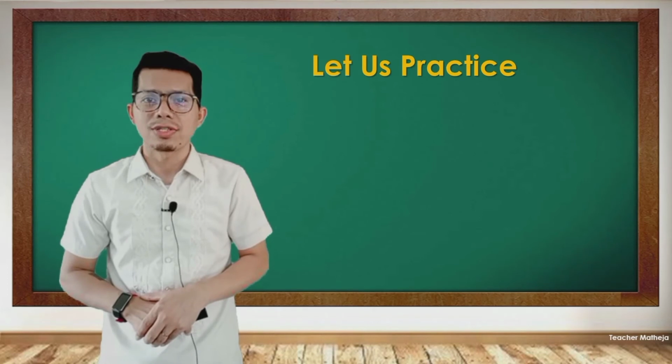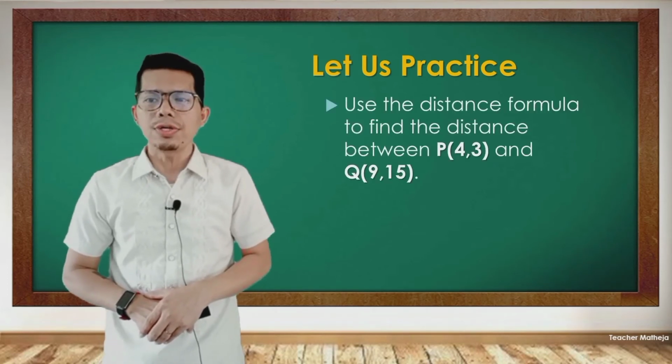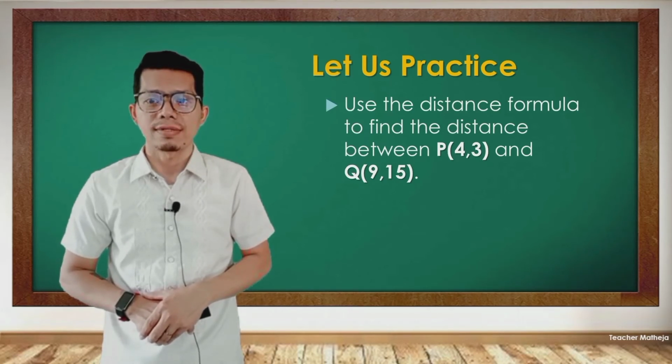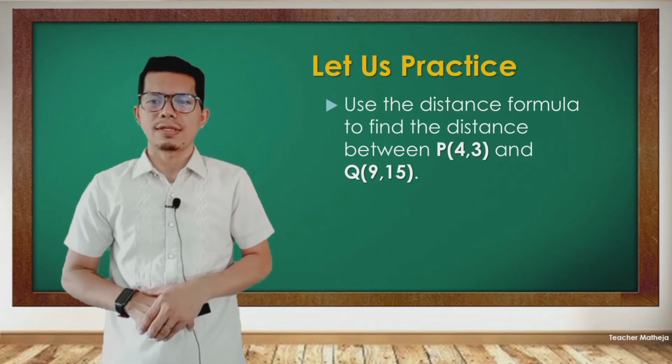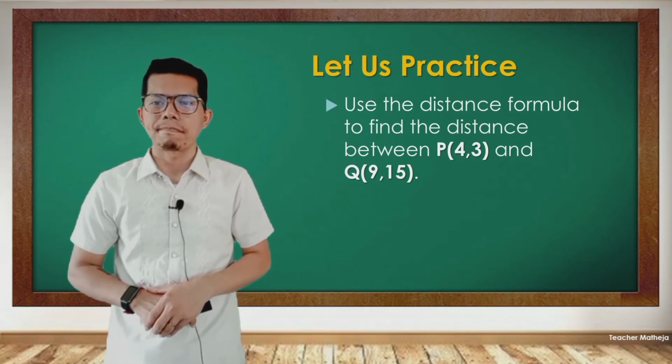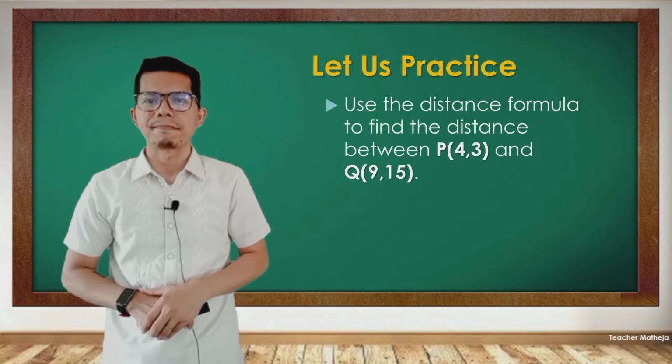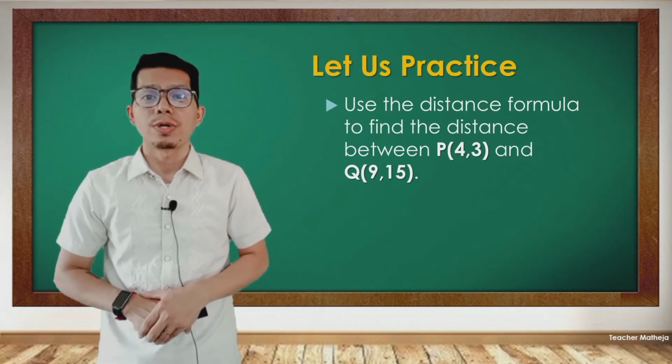First question. Use the distance formula to find the distance between point P with the coordinates 4, 3 and point Q with the coordinates 9, 15. Start. Alright, what is your answer?